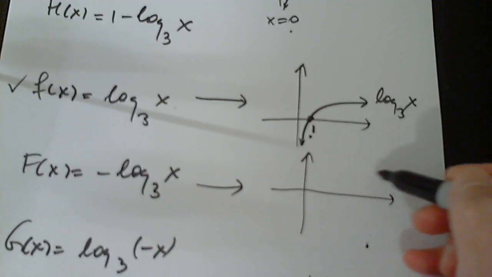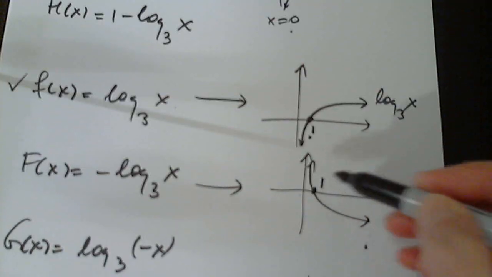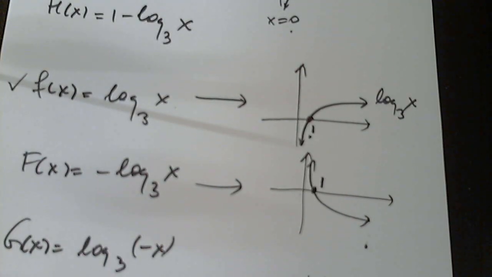So instead of this, it will be this, and it has to cross at the same point, 1, 0. It's a reflection with respect to the x-axis. So it's decreasing, and it has to cross exactly at 1, 0. So that is uppercase F of x. Correct. Good. Stop sharing.